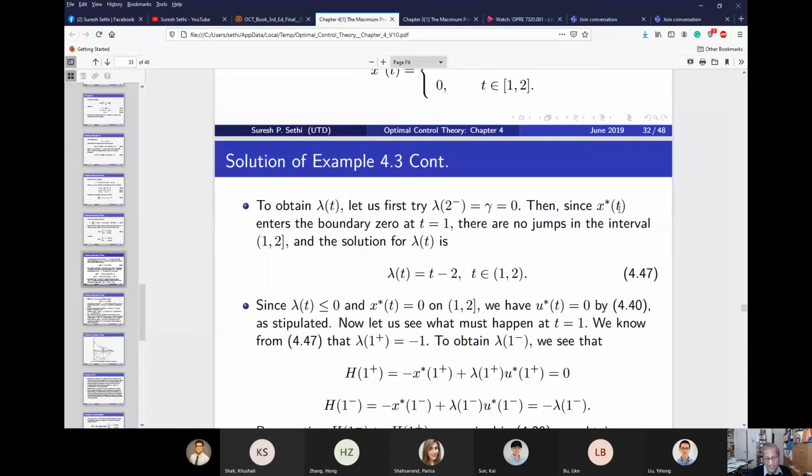Since x star t enters the boundary at t equal to 1, there are no jumps in the interval 1 to 2. And the solution for lambda t then can be obtained from 2 minus all the way to 1 plus. And that solution is easy to do. So lambda t is t minus 2 in this interval.